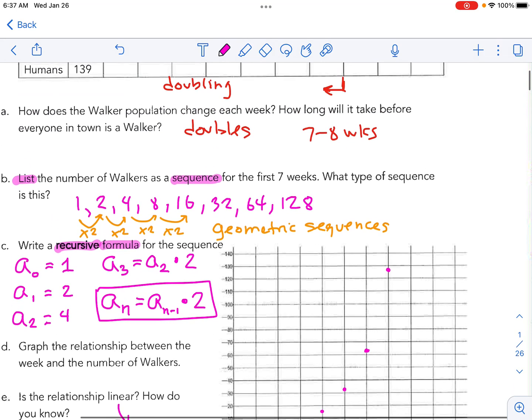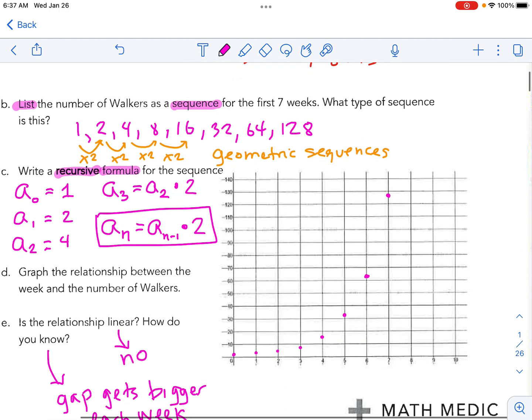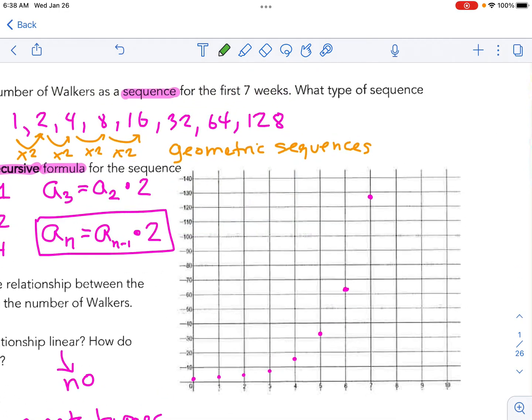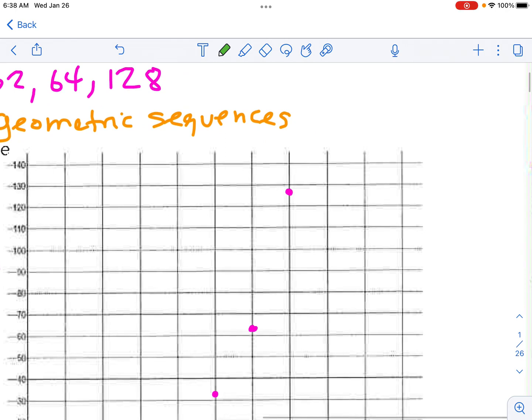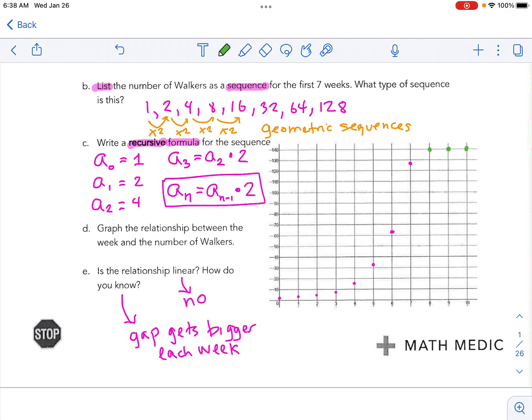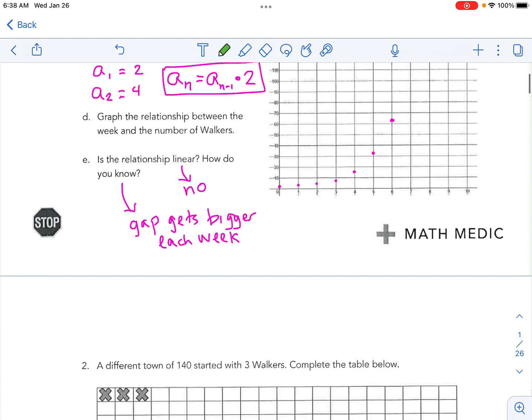And then, because of the population limitation, we top out at 140 after the 7th week in this isolated little town. We just stay at 140 and the whole town are zombies. And again, we're not really concerned about modeling that because nothing's changing. We're just concerned about modeling as we have that doubling pattern progress, I guess you could say.